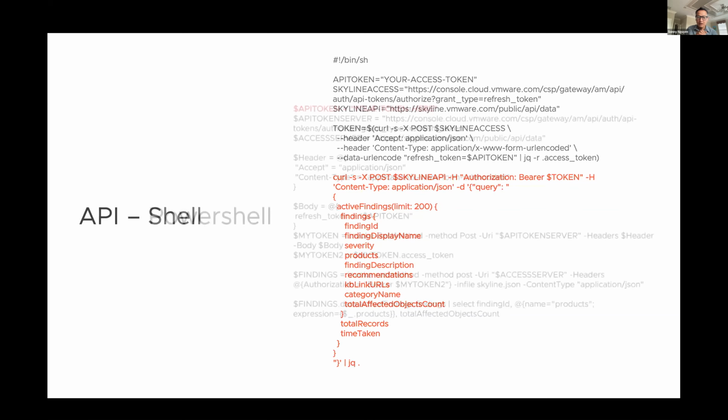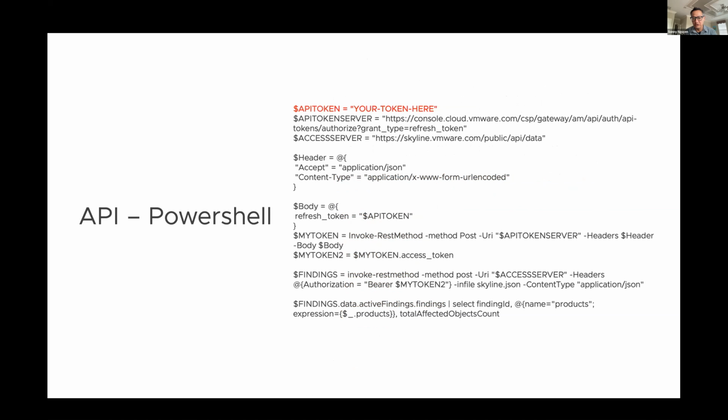Now, if you're a PowerShell user, same trick. The API token is still there. Now, this body is how we represent getting the access token itself. So it's still Invoke-RestMethod. You can see that it also tries to grab the refresh token, that is your API token.